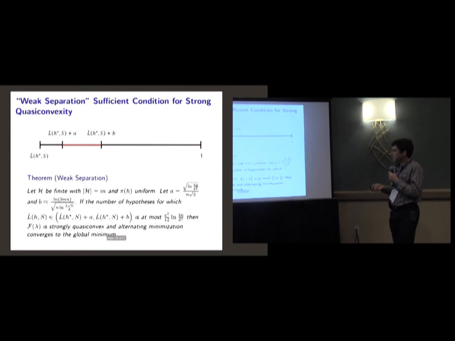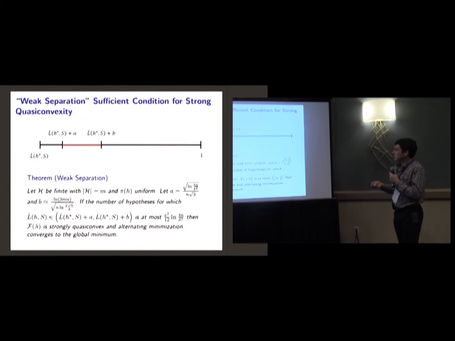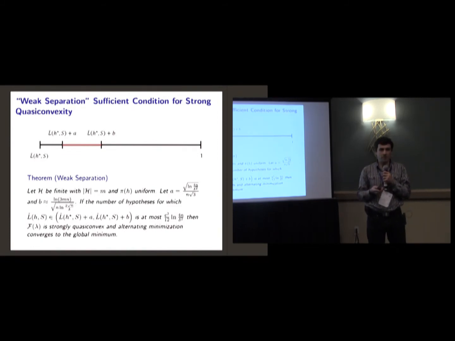More precisely, if we have a finite hypothesis space and a uniform prior distribution over it, and for certain values of the parameters a and b, if the number of hypotheses for which the empirical loss falls in this red interval is at most logarithmic in n over delta squared, then f of lambda is strongly quasi-convex and alternating minimization converges to the global minimum of the function.